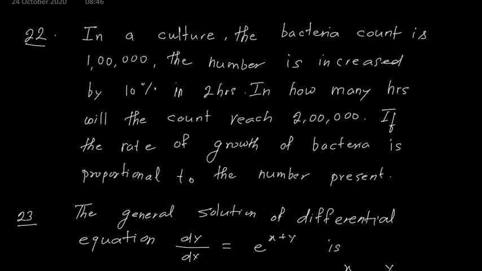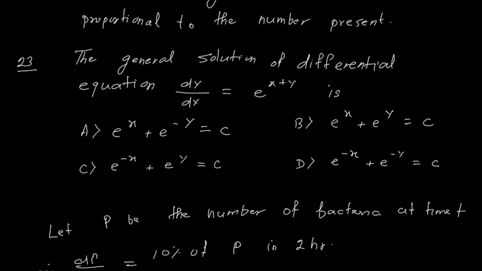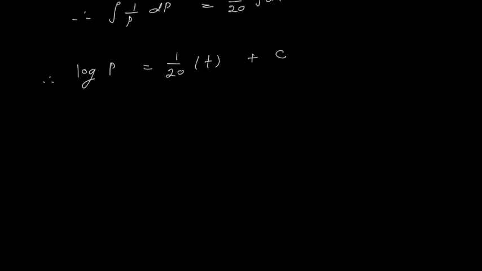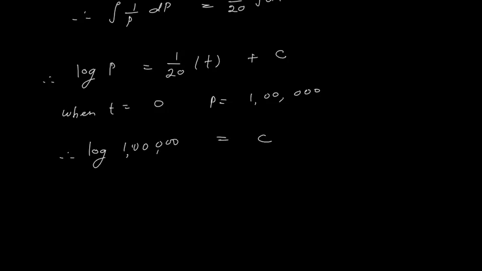Now initially the number of bacteria is 1 lakh. So when T is 0, P is 1 lakh. Therefore log of 1 lakh is equal to C, because T is 0.